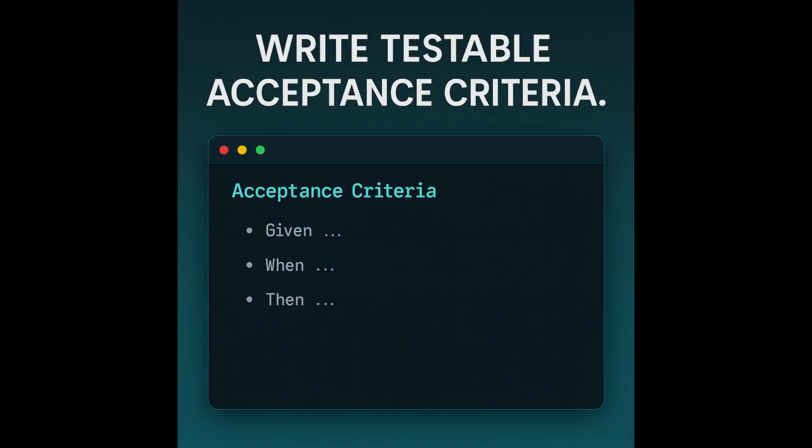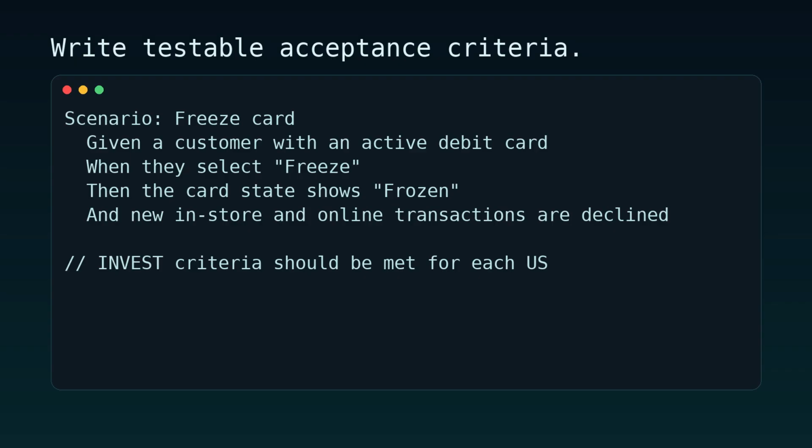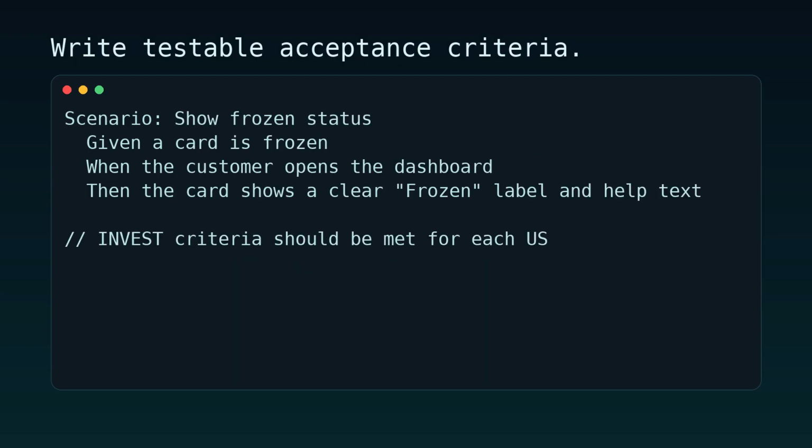How to write an acceptance criteria. Acceptance criteria helps us to understand when a user story will be done. Plain language is fine. Gherkin works if your team prefers it. Scenario 1: Freeze card. Given a customer with an active debit card, when they select Freeze, then the card state shows Frozen, and new in-store and online transactions are declined.